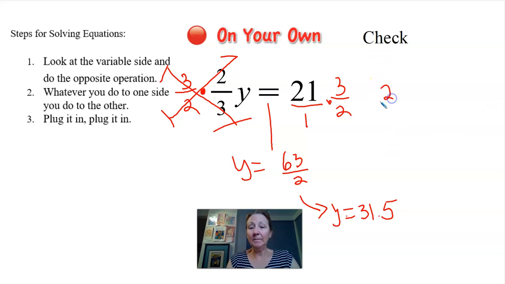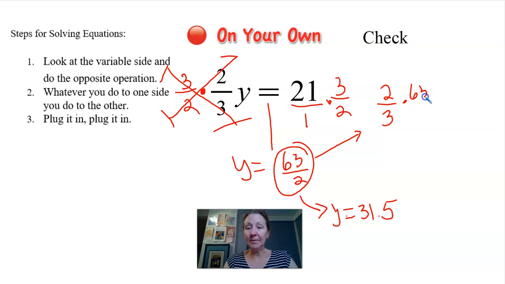This is where I'm going to want to use this improper fraction in my check to make my life easier. Don't use the decimal. Or you can, but I'm going to put in the fraction. So I have 2/3 times the y, but instead of y, I'm going to plug in 63/2, equals 21.